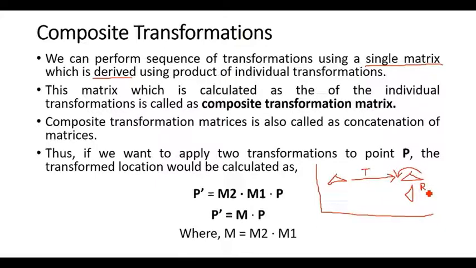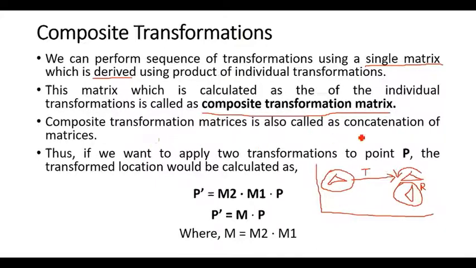So instead of multiplying these two matrices with this object one after another, I'll multiply this matrix with this matrix. The result of that I'll directly multiply with this object, and that resultant matrix will give me this result. Such a matrix, which is derived using a sequence of multiple transformations, is called a composite transformation matrix.